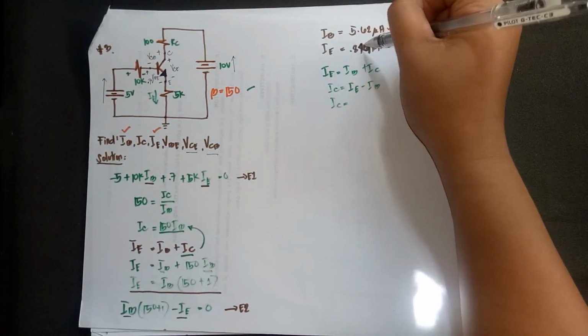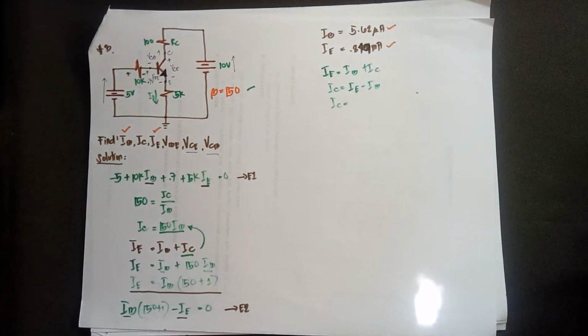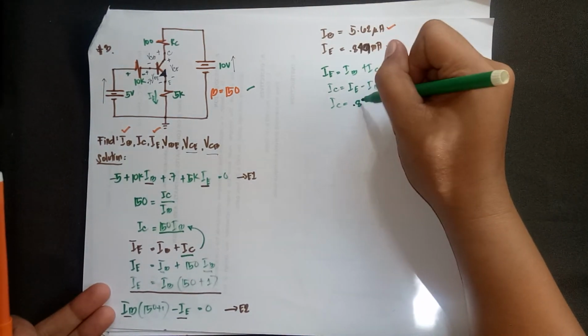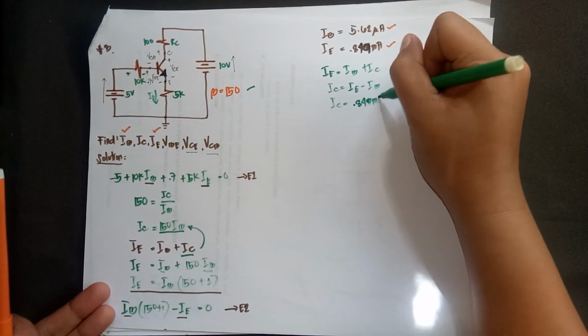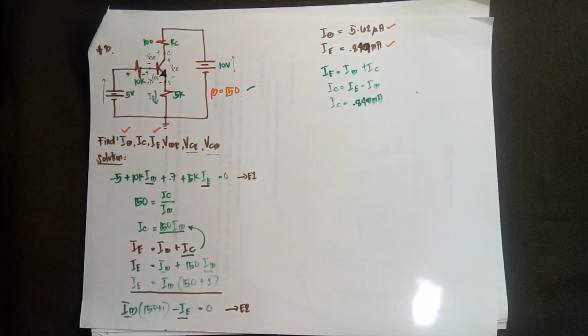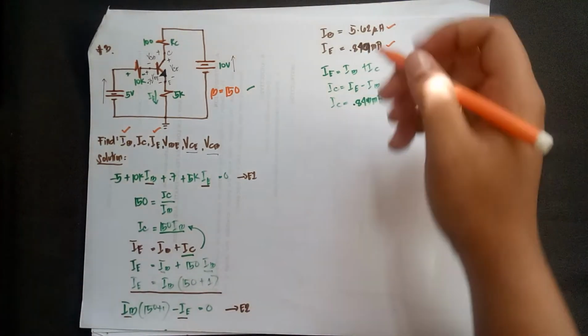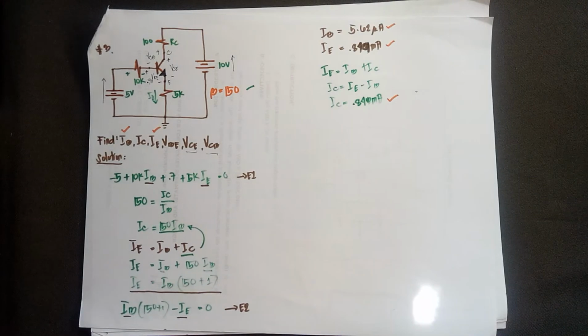Wow. Let's say 0.9. That's gonna give us IC, which is equal to 0.843 milliampere. So, meron na tayong IC. Check na ang yung ating mga currents.